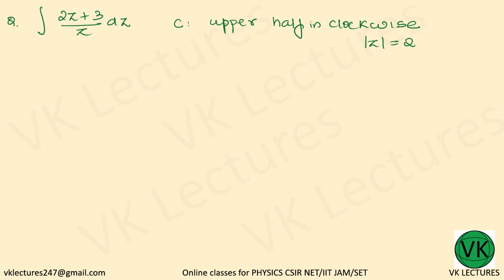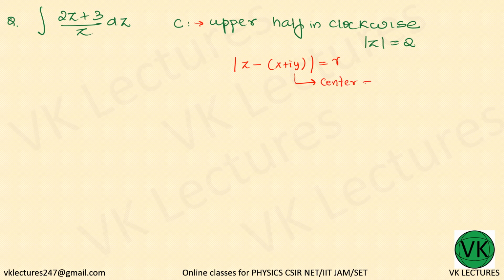Integral 2z plus 3 by z dz. The integral value is to be taken in the clockwise direction in the upper half of this circle. The circle is given as mod z equal to 2. So in general, what is the formula for a circle? Z minus (x plus iy) equal to r, where this is the center.